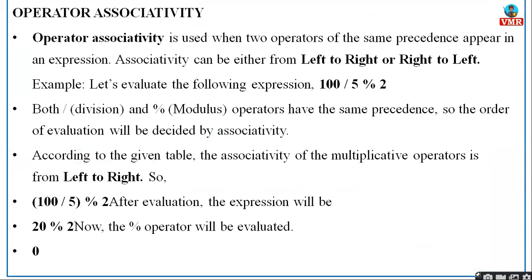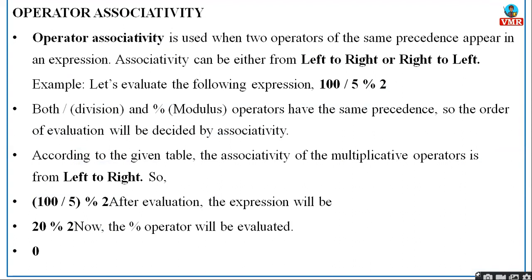Okay. So, example, let us evaluate the following expression: 100/5 modulus of 2. Here both division and modulus operators have the same precedence, so the order of evaluation will be decided by the associativity. According to the given table, the associativity of multiplicative operators is from left to right.